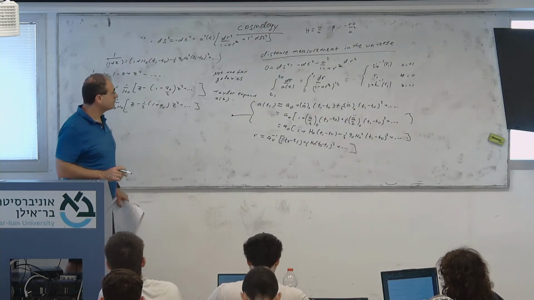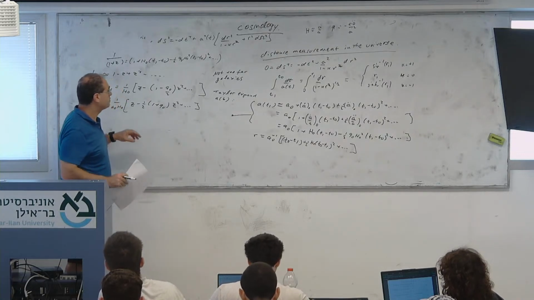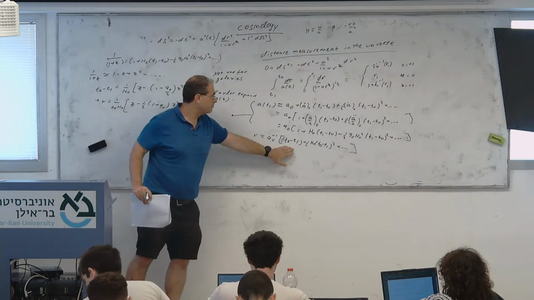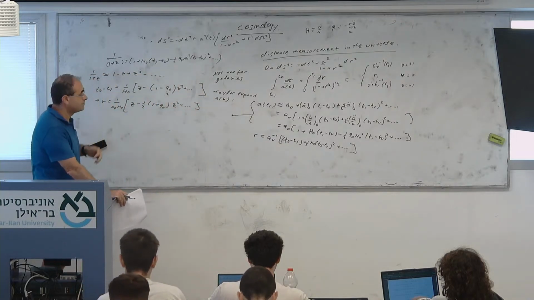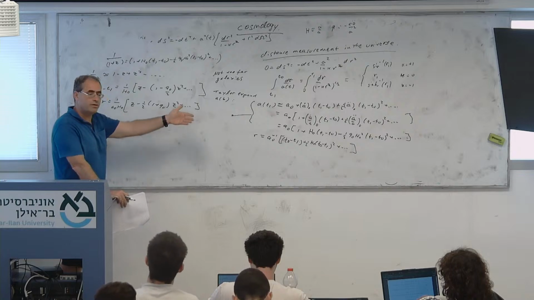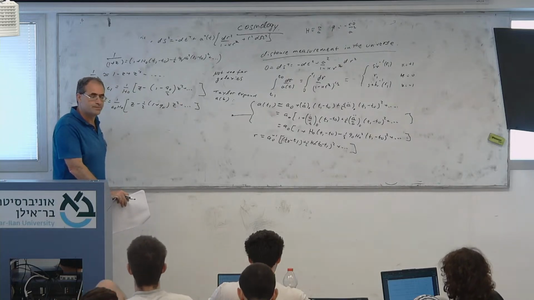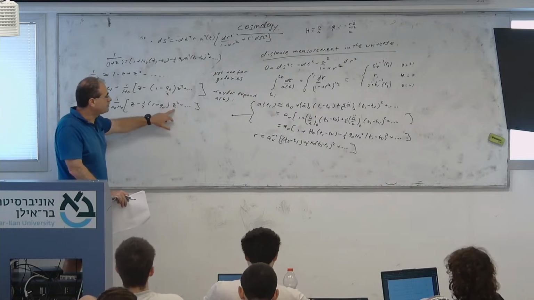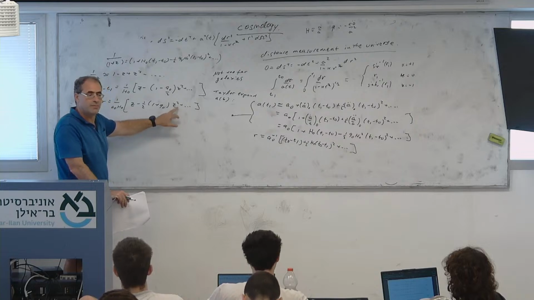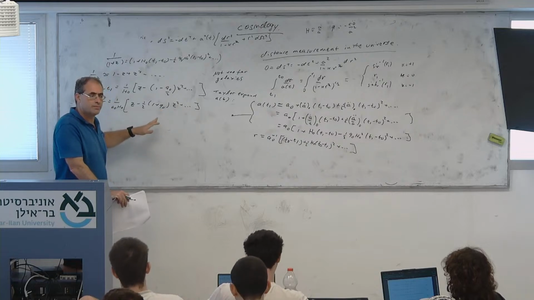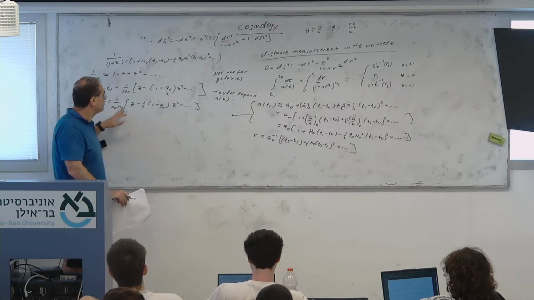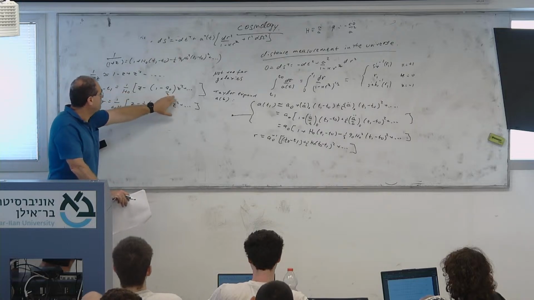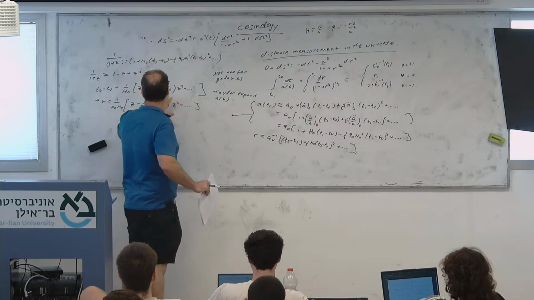I just took that T0 minus T1 and put it in here. I neglected all the higher order terms. I didn't neglect all higher orders of Z. I did neglect all terms of Z which are greater than 2, so up to Z squared.